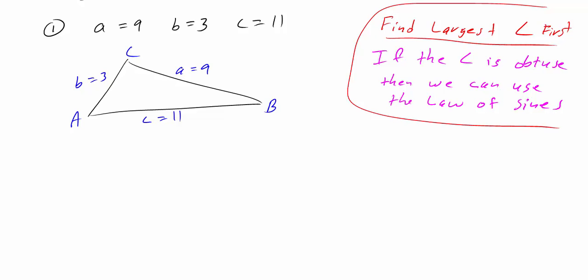So to find angle C, the cosine of C is equal to a squared plus b squared, so 9 squared plus 3 squared, minus side c squared, which is 11 squared. And this is all divided by 2 times ab, so it's 2 times 9 times 3.